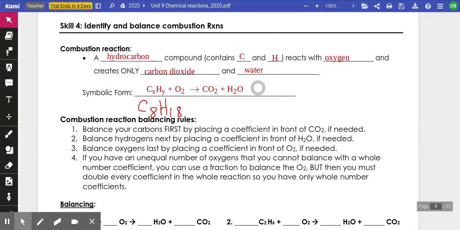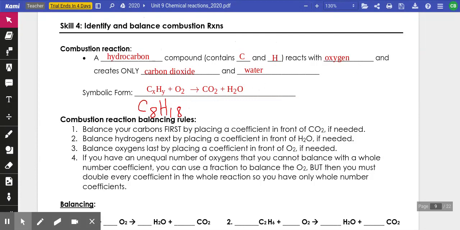So here is the symbolic format of a combustion reaction, CxHy. X and Y can represent any whole numbers, so something like C8H18. That is going to react with oxygen, O2.